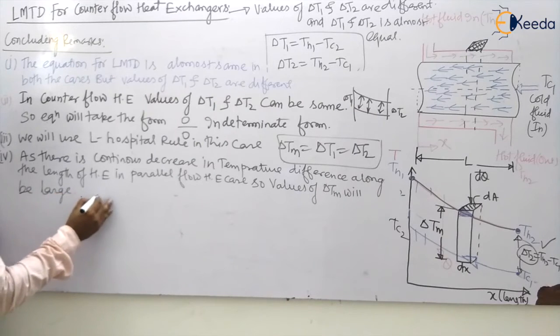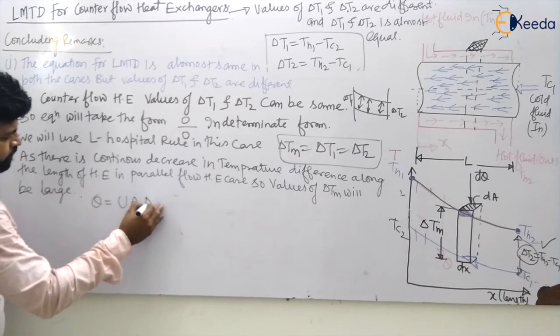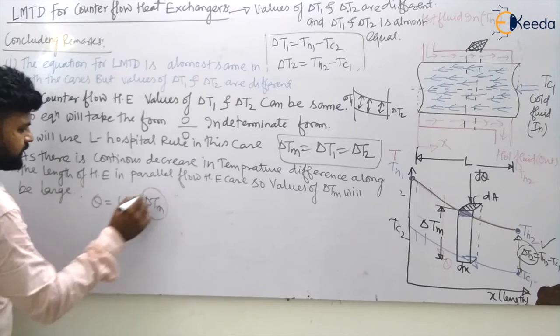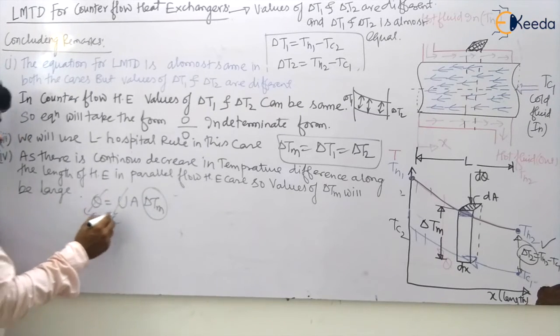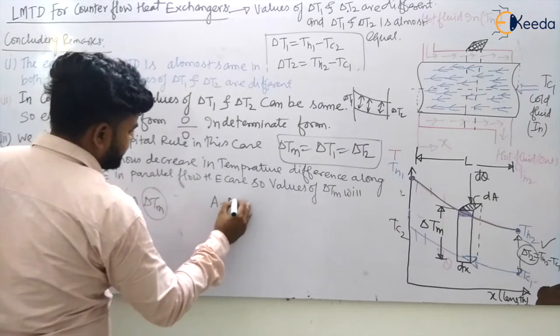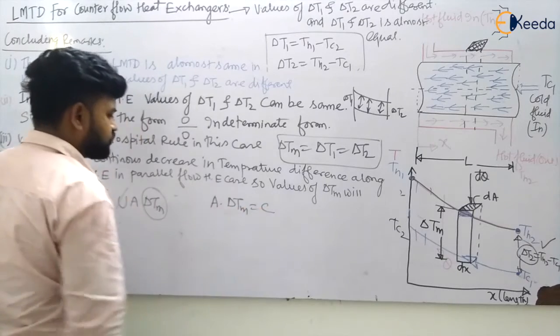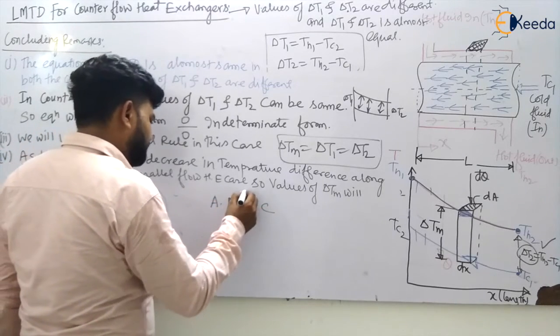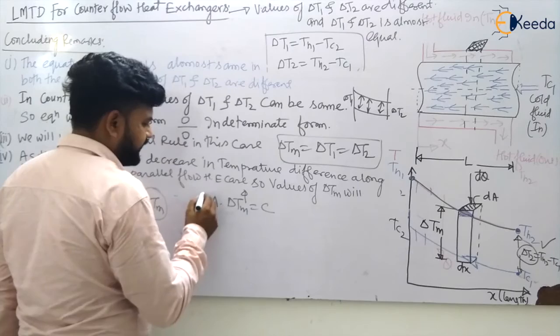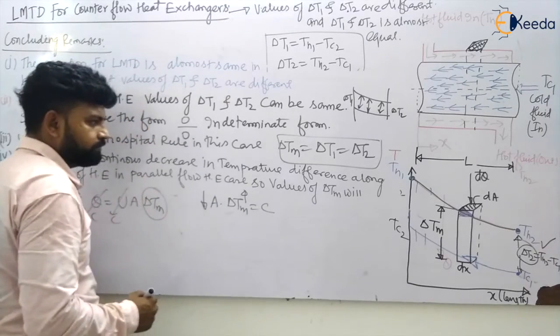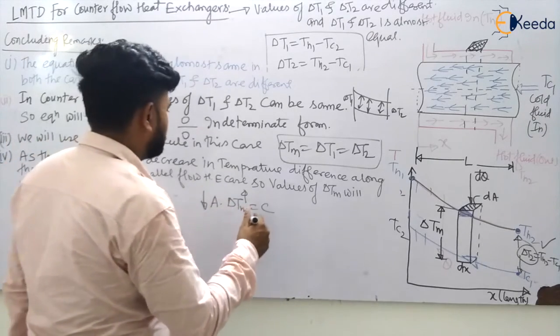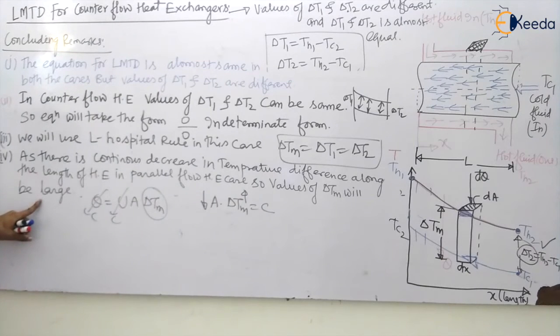When delta Tm is large, and Q is constant, we can conclude A dot delta Tm is equal to constant. So if delta Tm will be large, then area will be small, so difference will be what? The values of delta Tm will be small, my dear students.